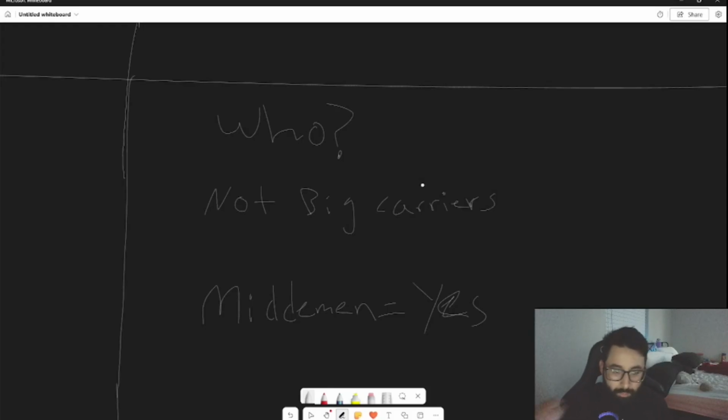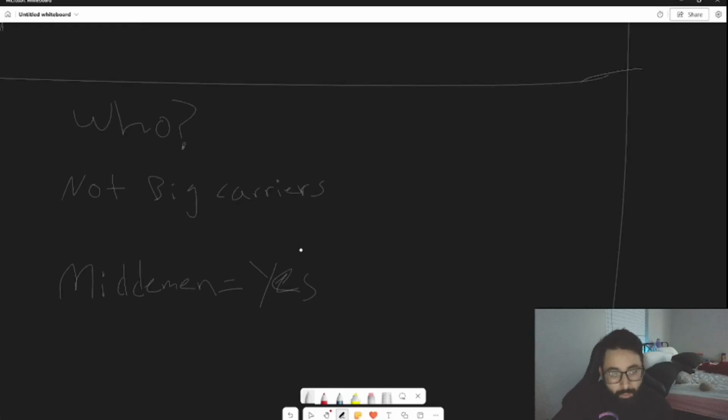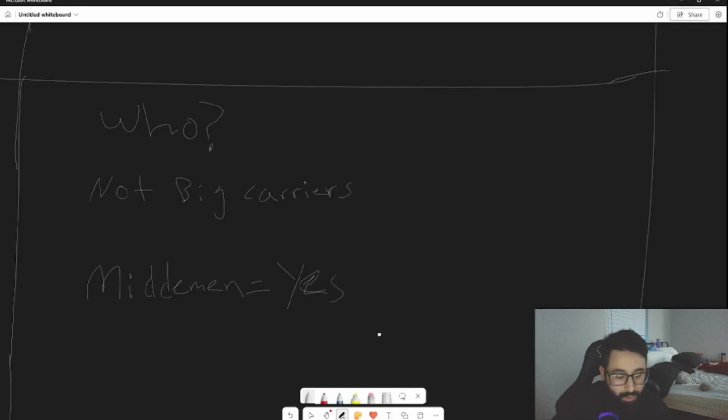So who does it? Big carriers do not do this, because they lose money if they do. Middlemen are the ones that do it, like aggregators. Some companies rely on them for that, like sub-aggregators, gray route providers, or SIM farm operators.